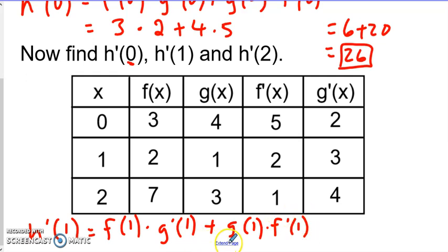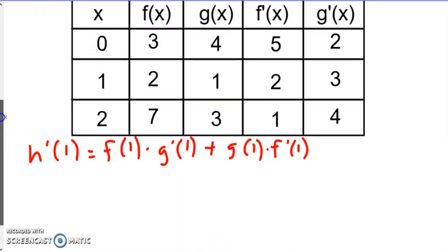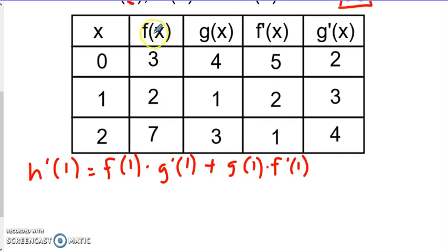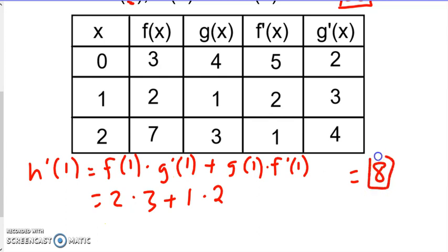And again, we're going to use our table and look that up. So f of 1, looking here, f of 1 has a value of 2. G prime of 1 would be a value of 3. G of 1 would be 1. And f prime of 1 would be 2. So 6 plus 2, so that's going to give us 8.